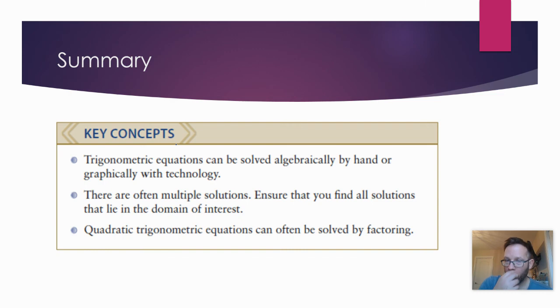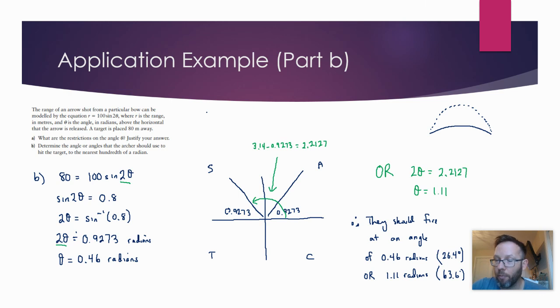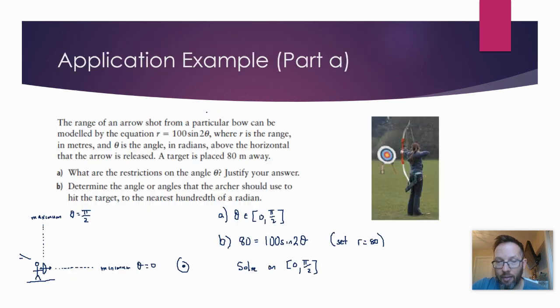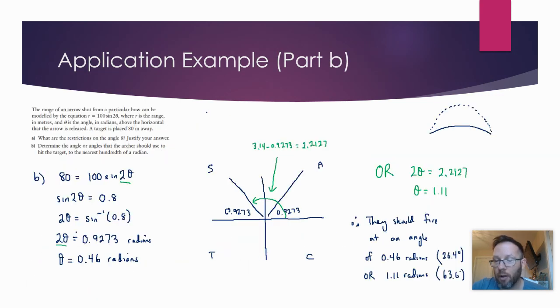Let's wrap it up. We've solved some trig equations using a variety of methods. Most of those methods ultimately rely on the unit circle and the cast rule. We used the unit circle to get our exact solutions for the first three problems. In the last one, we did not use the unit circle because we had to get approximate values, but we made use of the cast rule. Our calculators gave us 0.9273 radians.